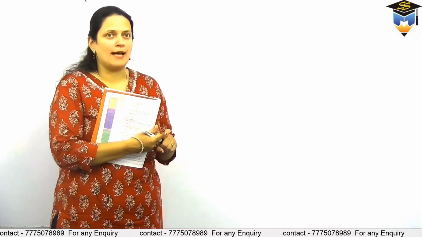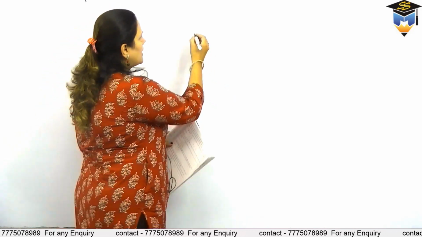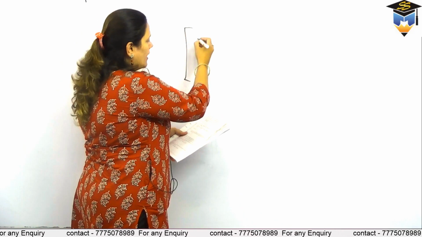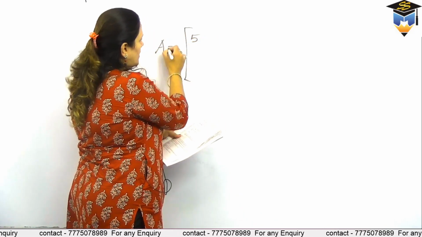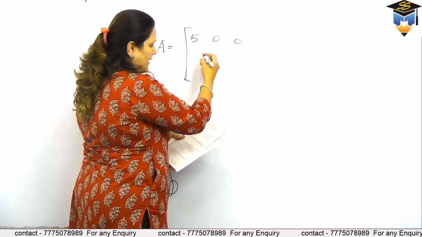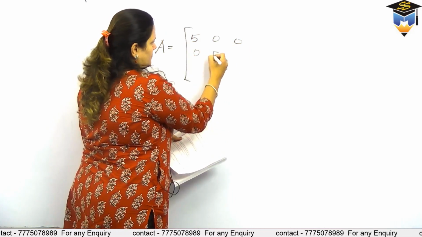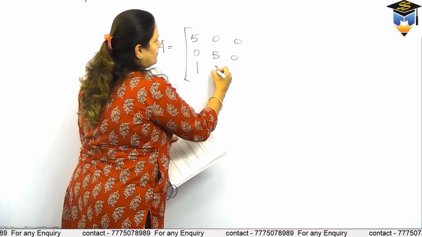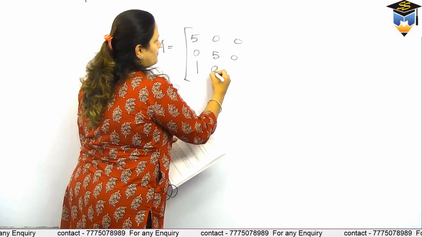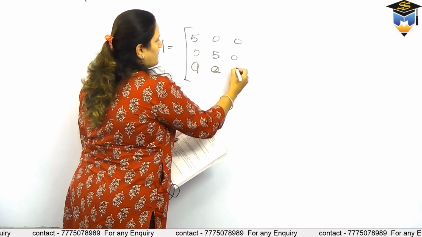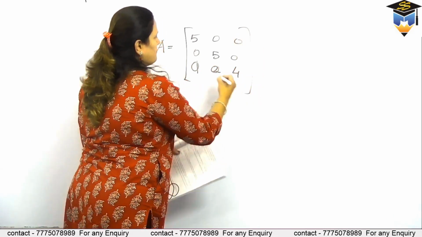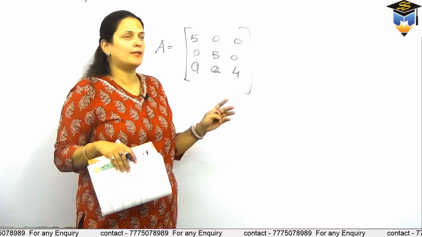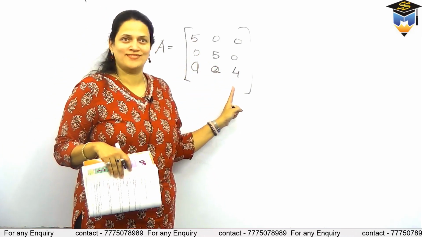I'll give you an example of the diagonal matrix. Let's say A is a matrix having these elements. In this case it is clearly visible that the diagonal is given, isn't it?